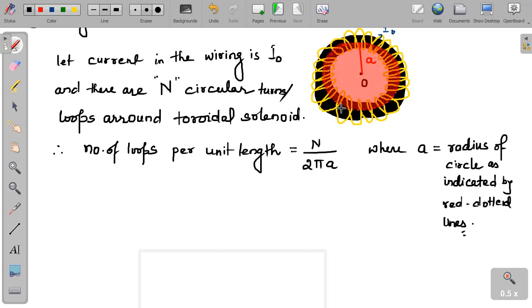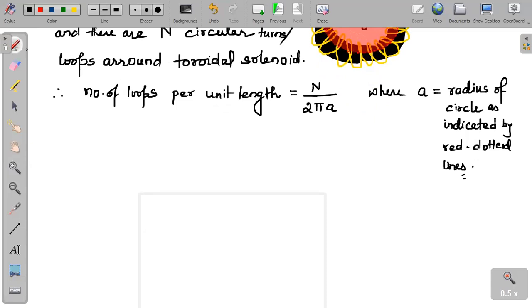So capital N into I naught will be the total current passing through this circular path or inside this circular path. Or applying Ampere circuital law.